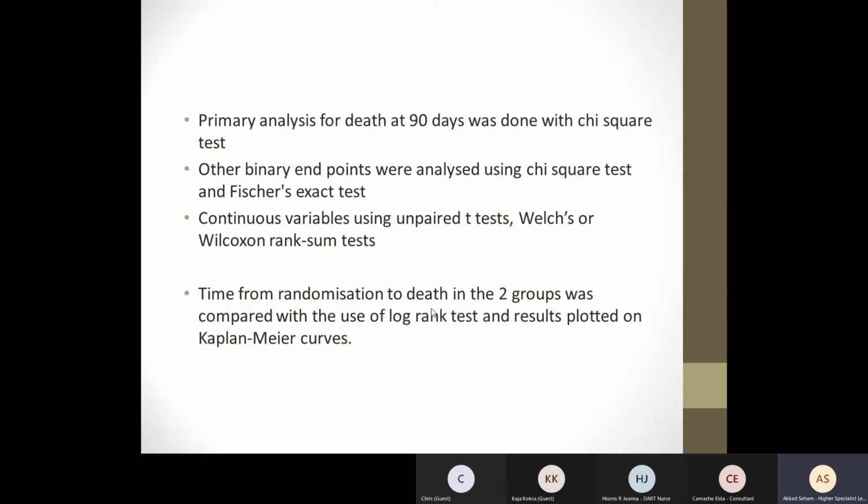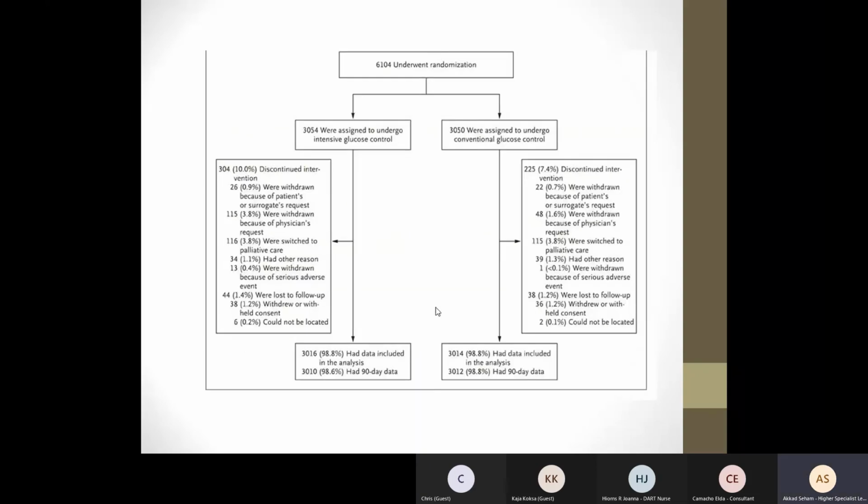And this is just the statistical method that they used to derive their values. And then after that, they had a Kaplan-Meier curve, which we'll look at afterwards to discuss the results of this trial.